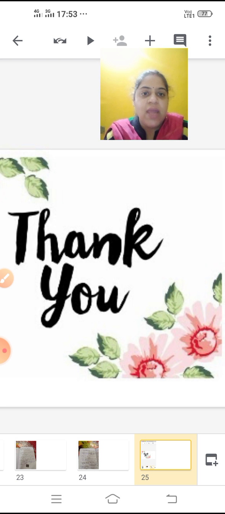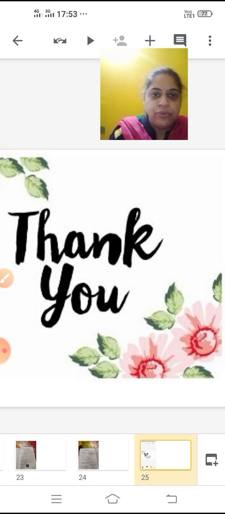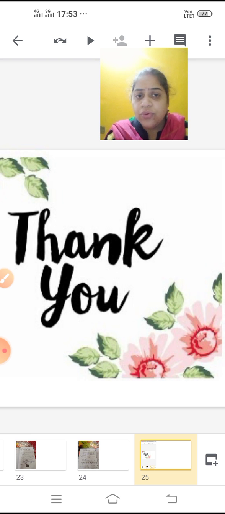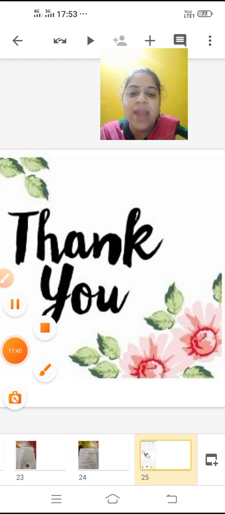What book part I am telling you, you do in your book, and what notebook part, you do in your notebook. Children, practice your work, do your work in your notebook very neatly date-wise, and workbook work you have to do in your workbook only. So no need to be confused. Only the Friday PDF that you are getting is your practice work for maths, you have to do it in your notebook. Understood? So children, thank you and bye.